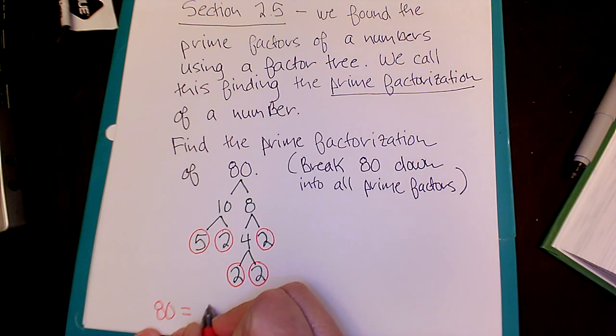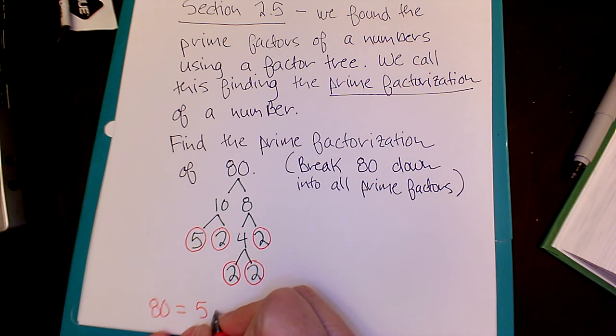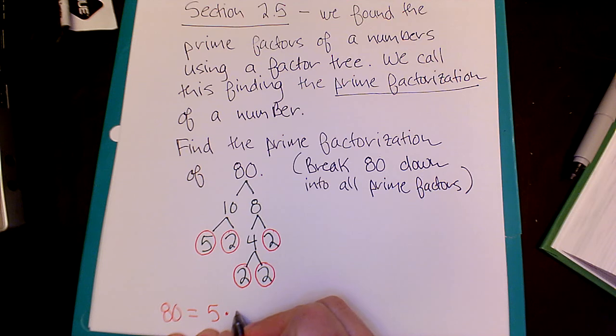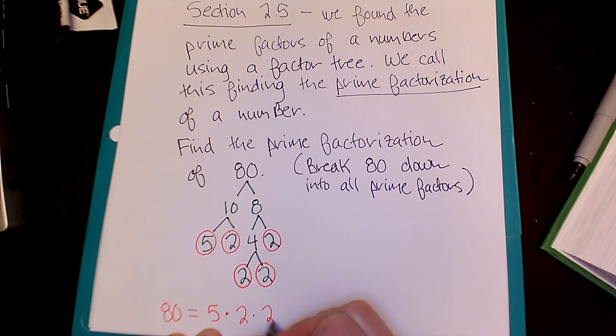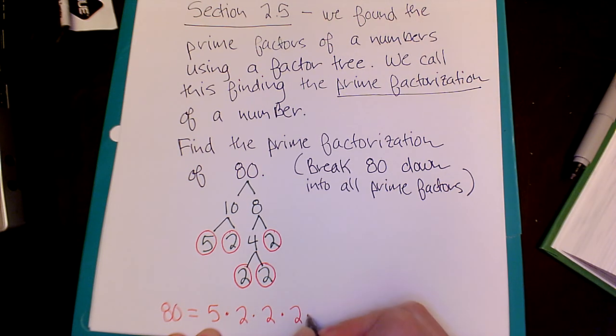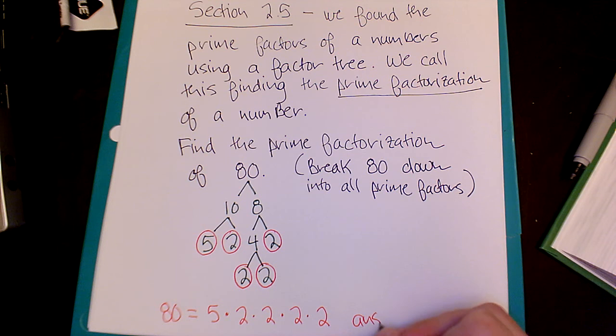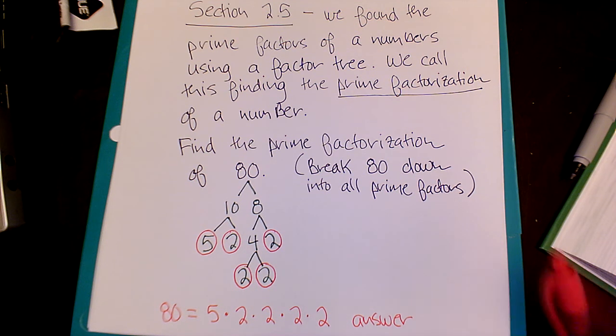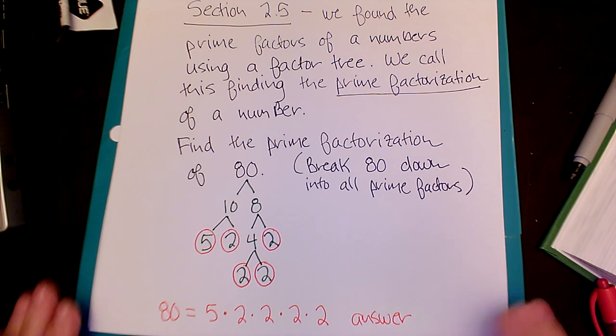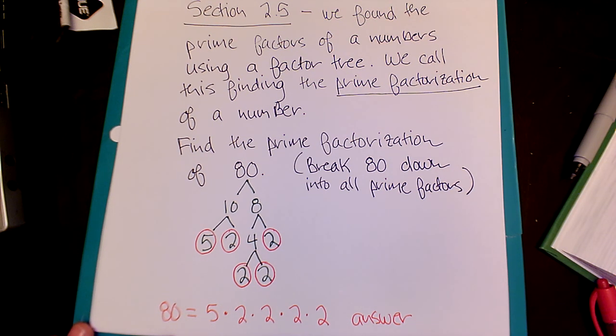So 80, here's all my prime factors: 5 times 2 times 2 times 2 times 2. So here is my answer. The prime factorization of 80 is 5 times 2 times 2 times 2 times 2.